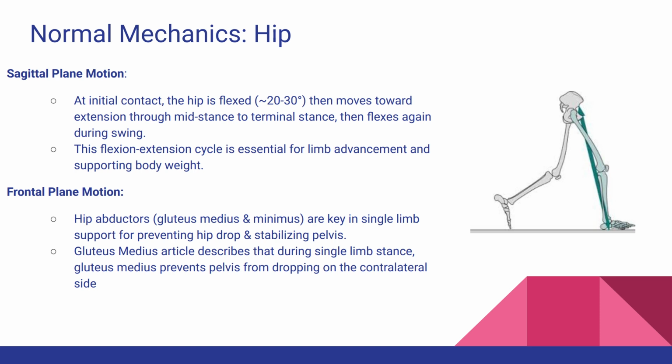The stance side abductors prevent this drop. If these abductors fail, either due to weakness, poor timing, pain inhibition, or fatigue, you'll see a pelvic drop, lateral trunk lean, or a combination of both.